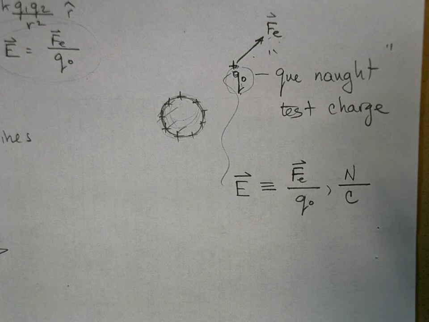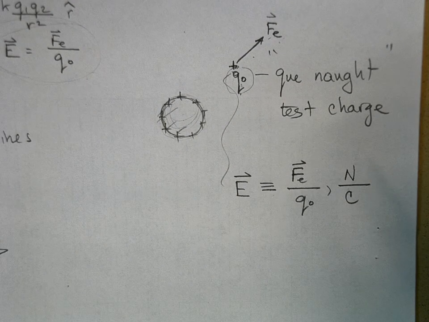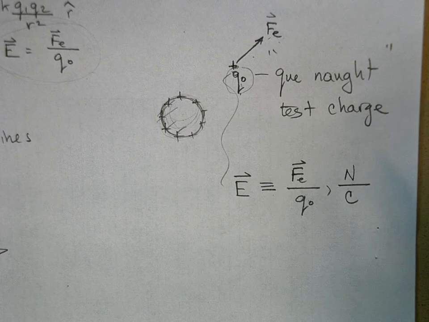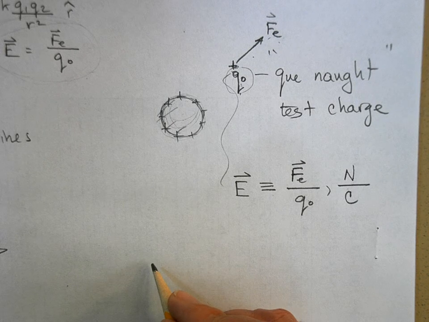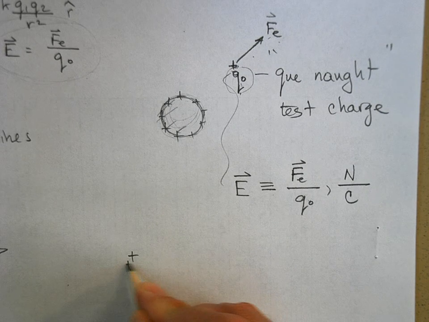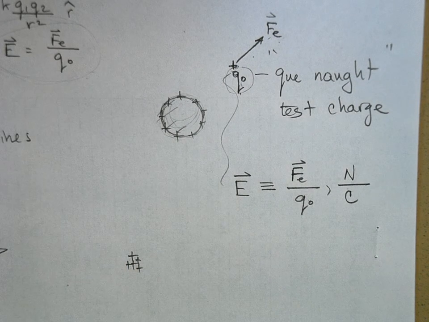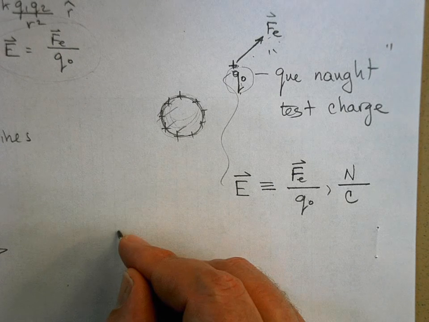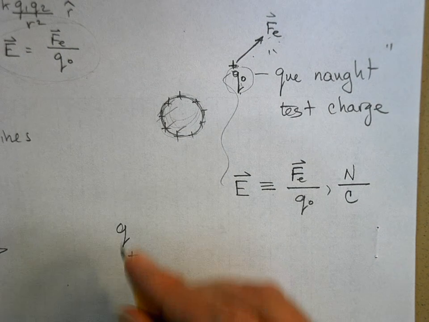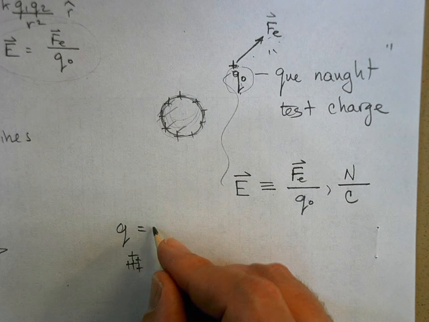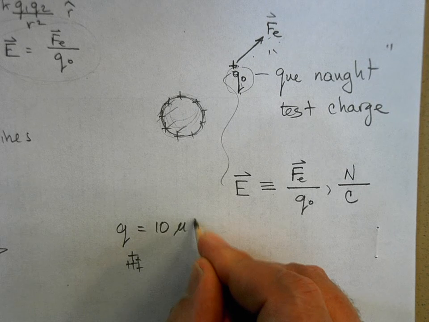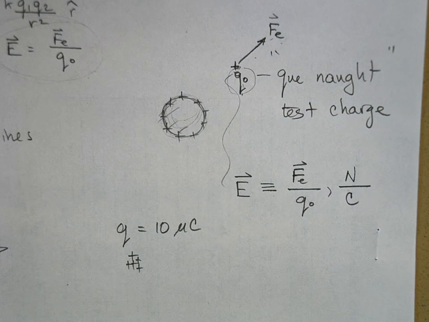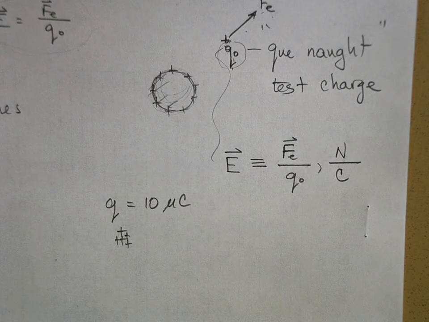Well, now let's figure out what the electric field is for a point charge. So let's put a point charge right here, and let's use some values. Let's say Q is equal to 10 microcoulombs.